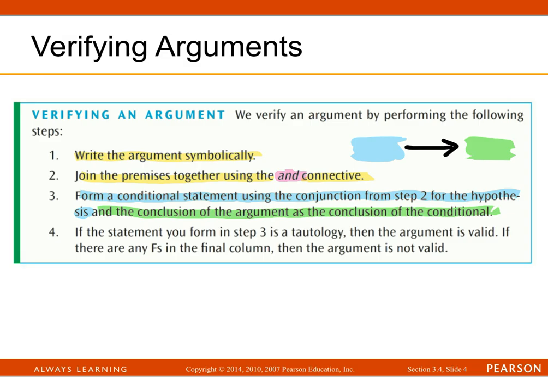And then step 4 just says, if the statement that you form in step 3 is a tautology, some of these, yes, you will have to do a truth table on it to see if it is a tautology. However, the 6 on the worksheet, they're already given.